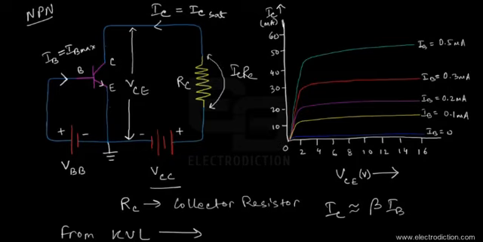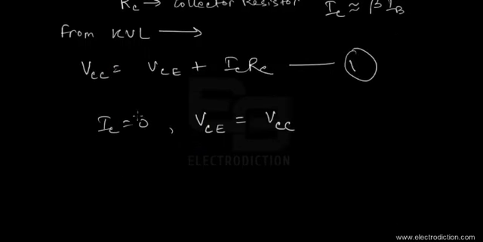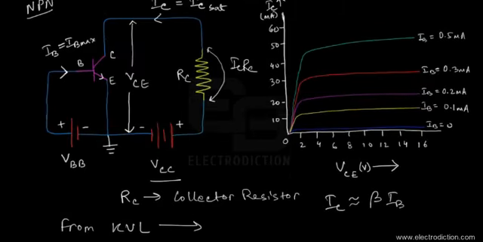The voltage drop across the RC resistor, when IC equals IC sat, VRC, would be equal to the entire voltage coming from the reverse bias voltage source VCC.